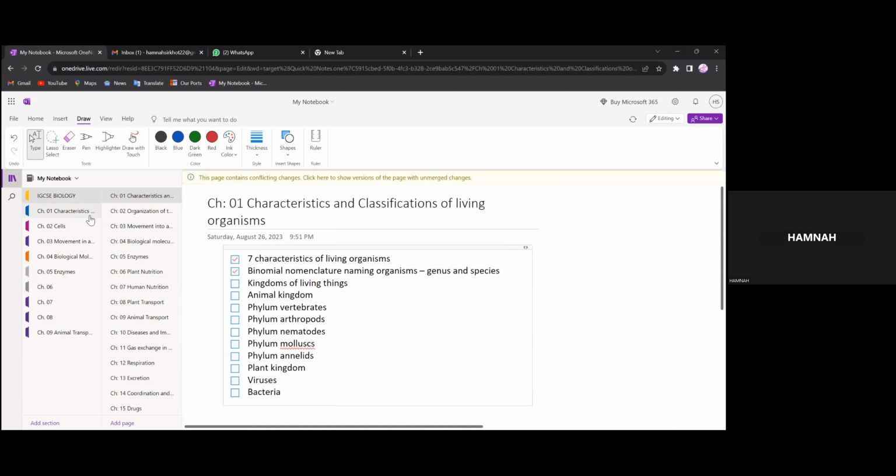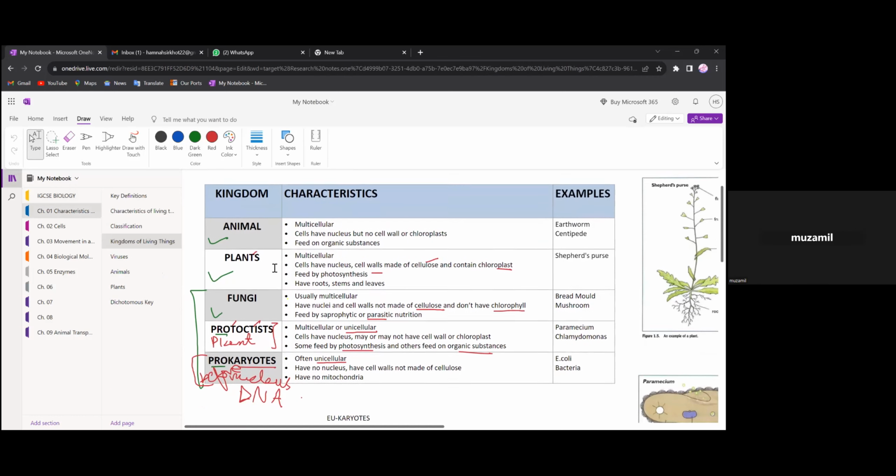Do you remember? Animal kingdom, plant kingdom, fungi, protoctists, prokaryotes. You just memorize them in order: animals, plants, fungi, and then protoctists and prokaryotes.